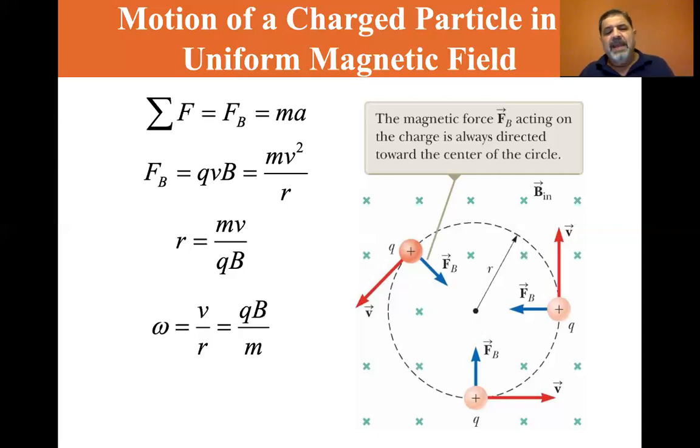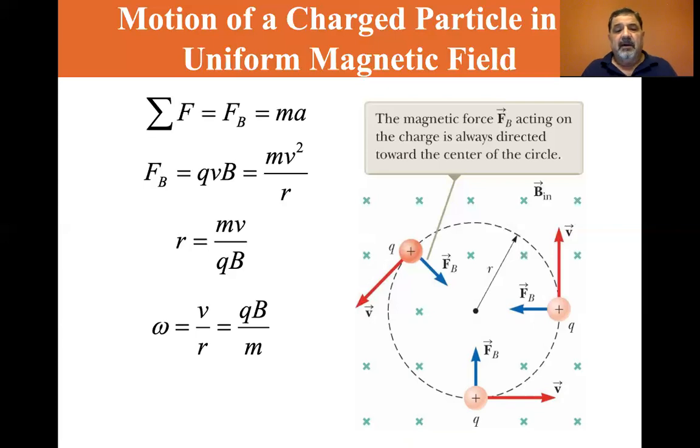Okay, so omega, the angular velocity, is the tangential velocity divided by the radius, and that's equal to QB over M. So you can figure out the angular velocity.